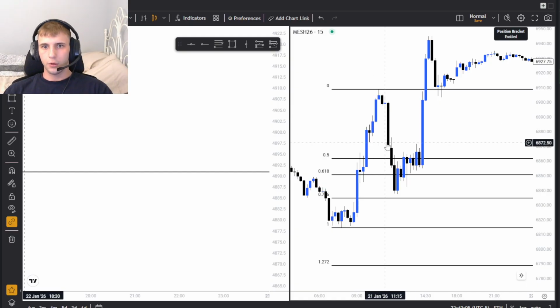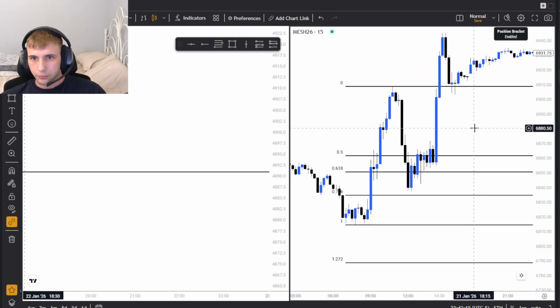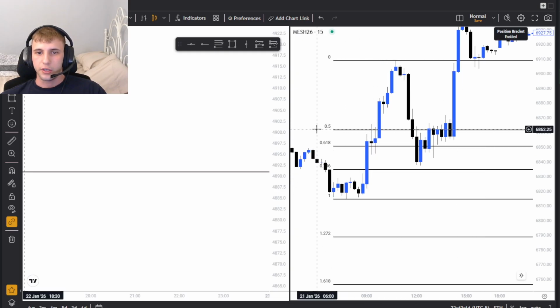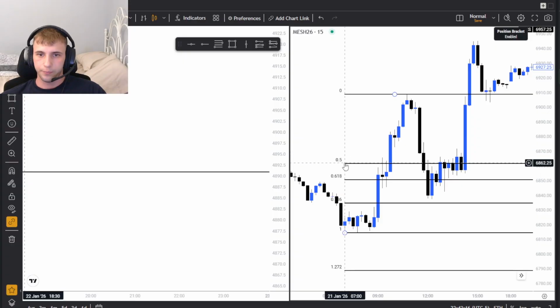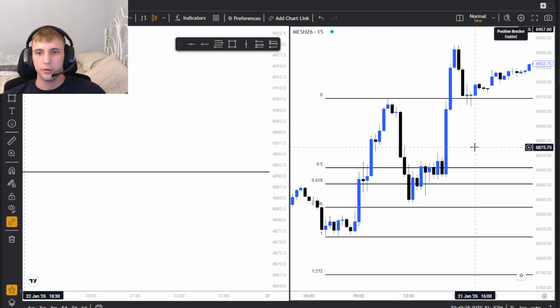Well, we already had this move happen. What we can do is look at equilibrium. So, of this move, any price point above 50% of the move, so anywhere from here to here, is considered to be a premium price for the contract, right?